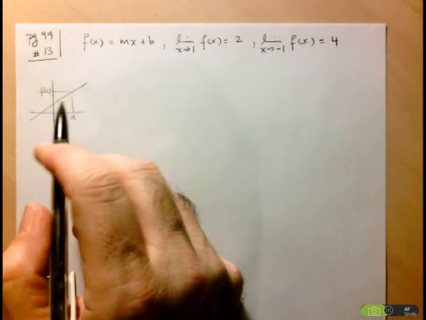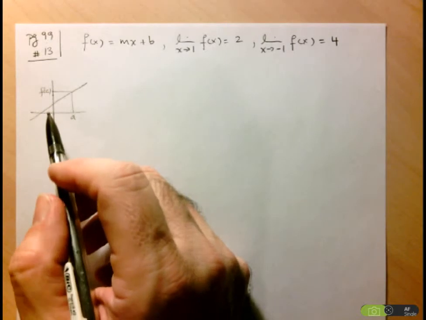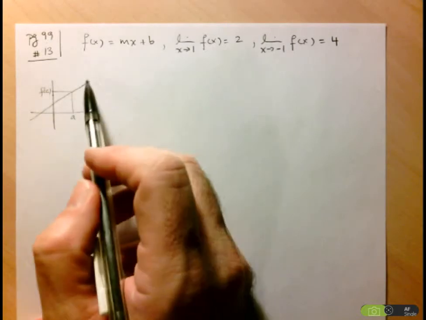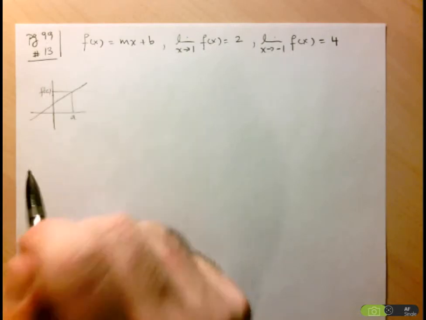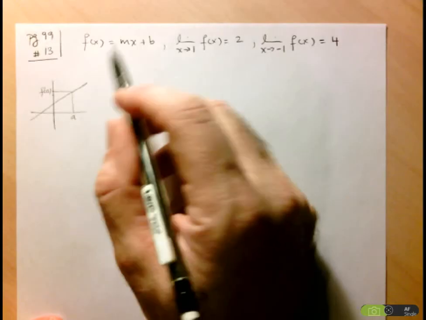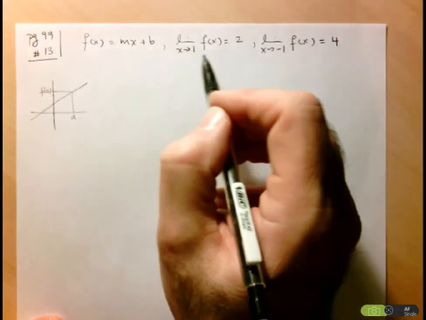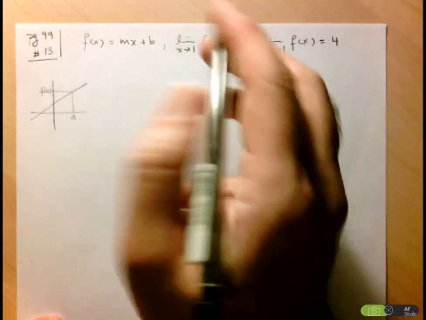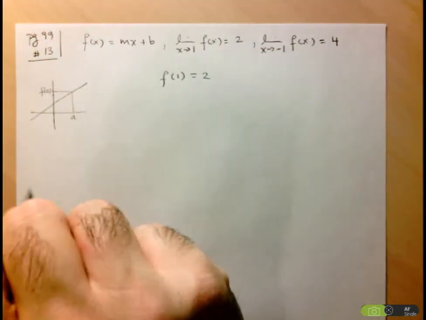We talked briefly last time that we give a name to this property, and that's called continuity. We're going to see that lines are always continuous, meaning the limit is always equal to the function value itself. So, given that it's a linear function, and I know that the limit will always be equal to the function value, from this piece of information I can conclude that f at 1 must be equal to 2.